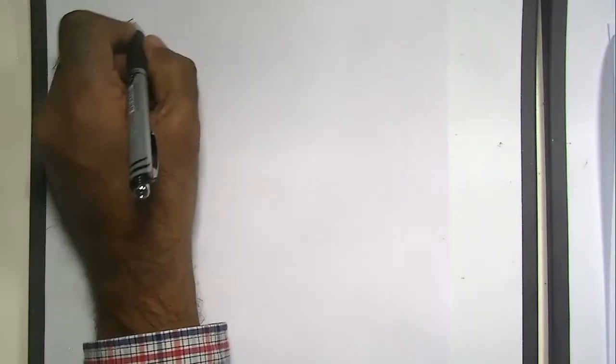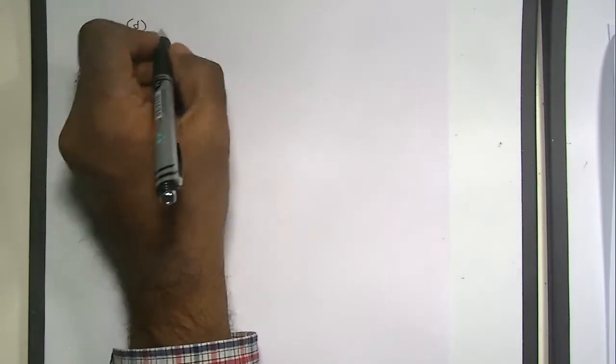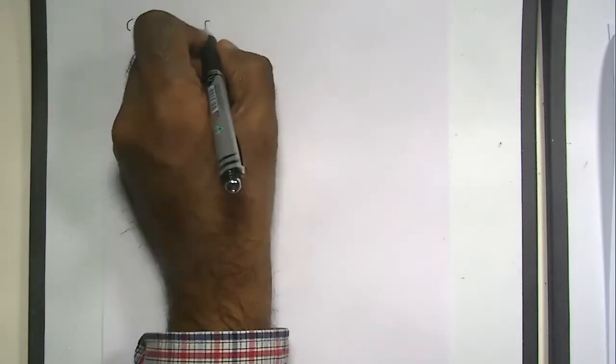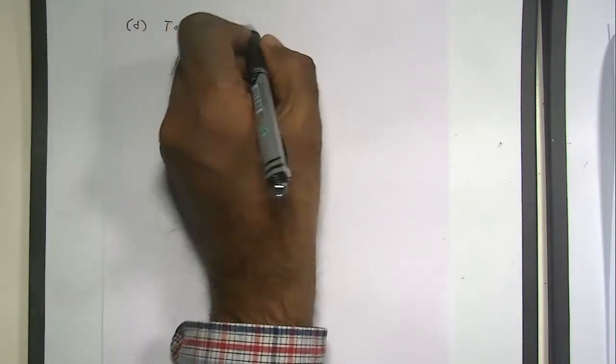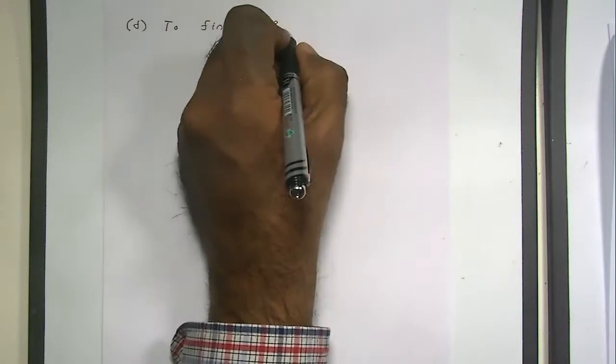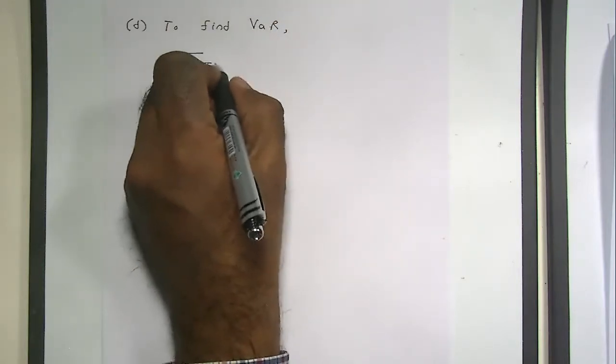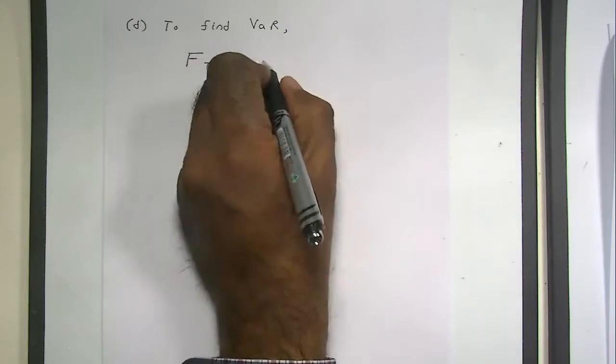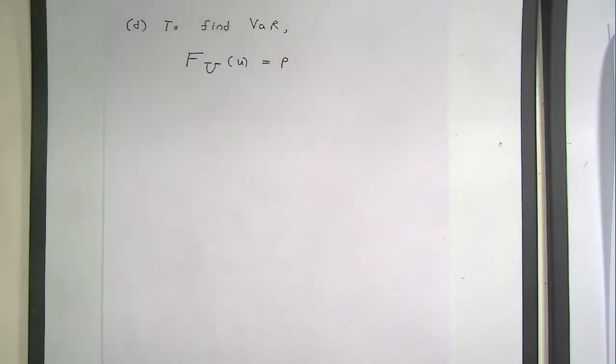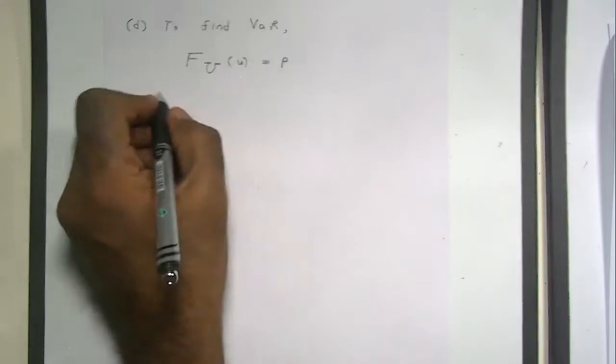So this is part D. To find the VaR, all you have to do is set f_U at u equal to p and solve for u in terms of p, right?